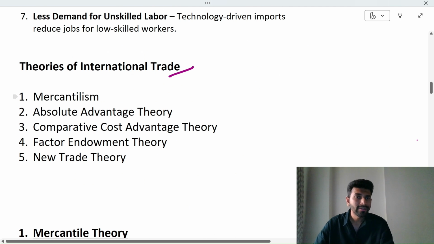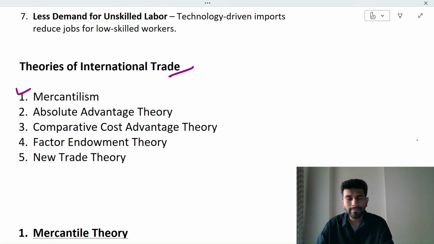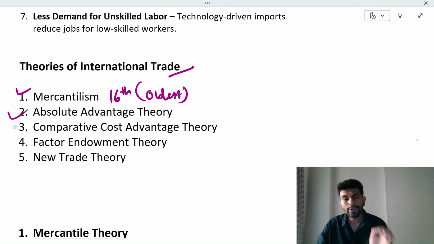International trade theories. First, mercantilism. It was introduced in the 16th century and it is the oldest theory. Then absolute advantage theory was introduced in the year 1776 by Adam Smith.